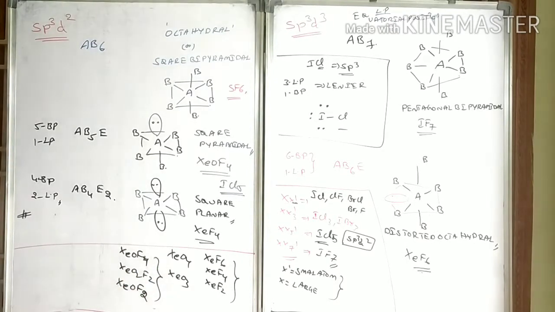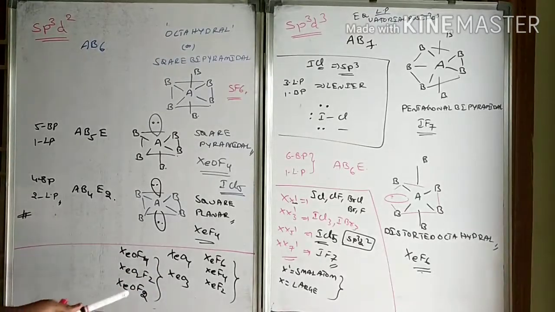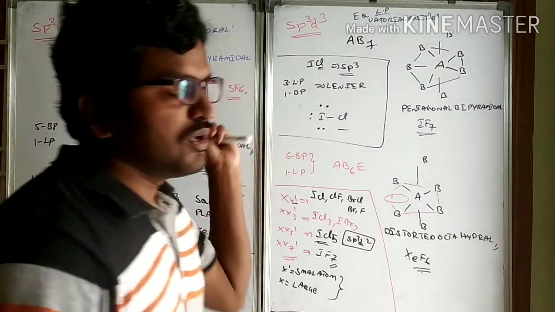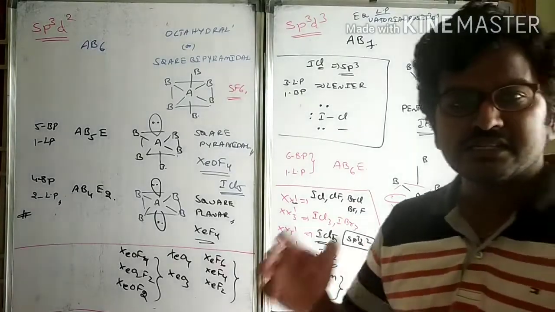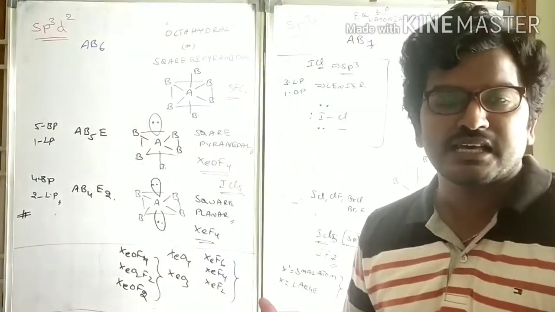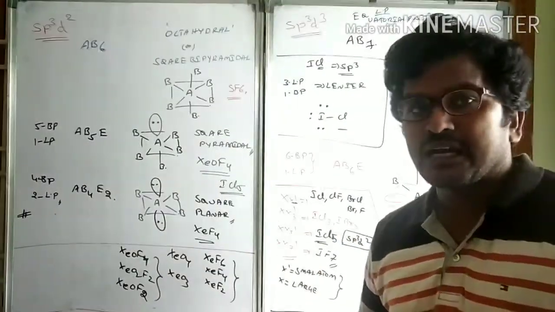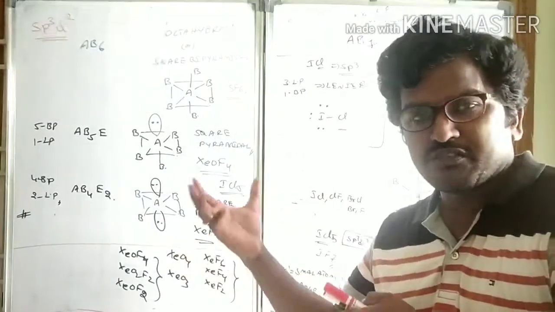These are the xenon oxyfluorides. What the structures of these are, we depend on VSEPR theory and identify them. And sulfur halides are there, sulfur hexahalides and sulfur tetrahalides. That is the oxygen family halides.